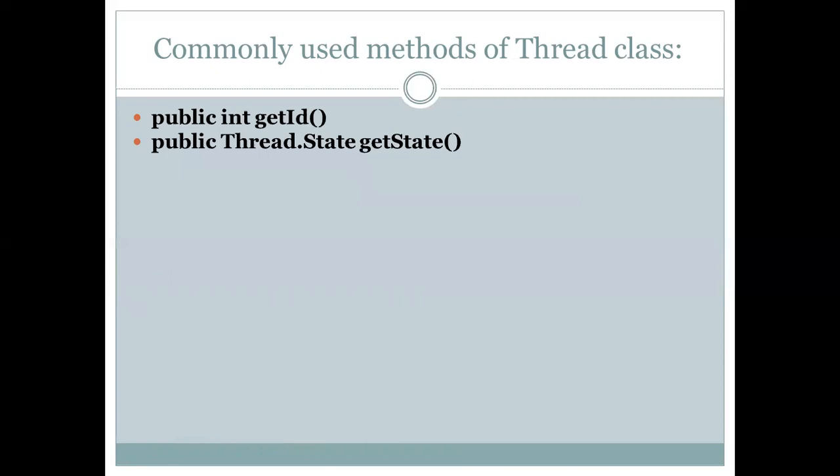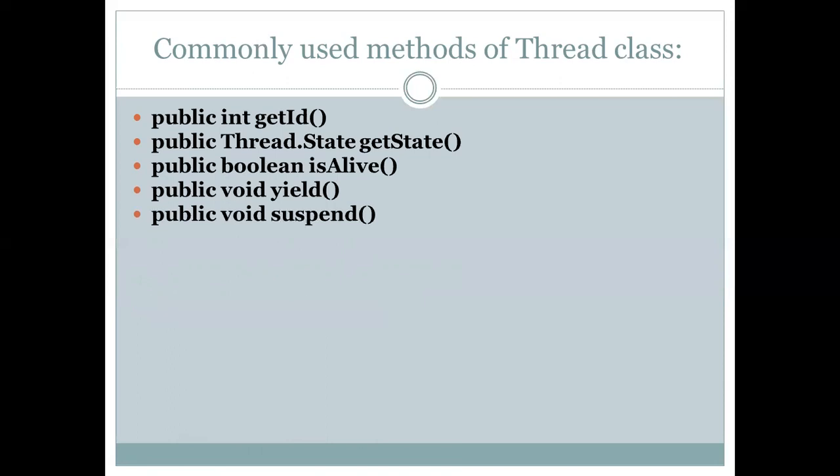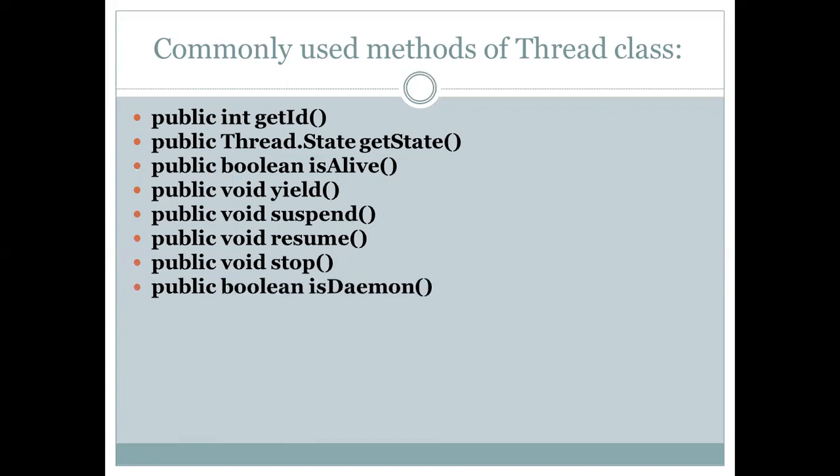getState will give the current state of the thread. The isAlive method will check whether the given thread is alive. The yield method will pause and allow the other threads to execute. suspend will cause the current thread to be suspended. resume will cause the suspended thread to resume. stop will stop the thread.